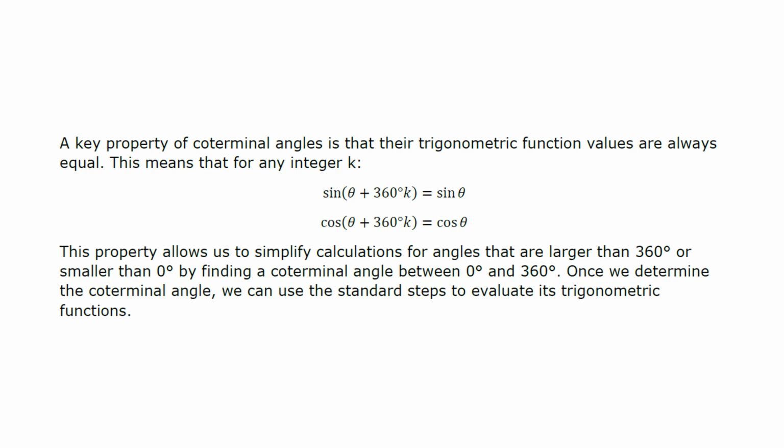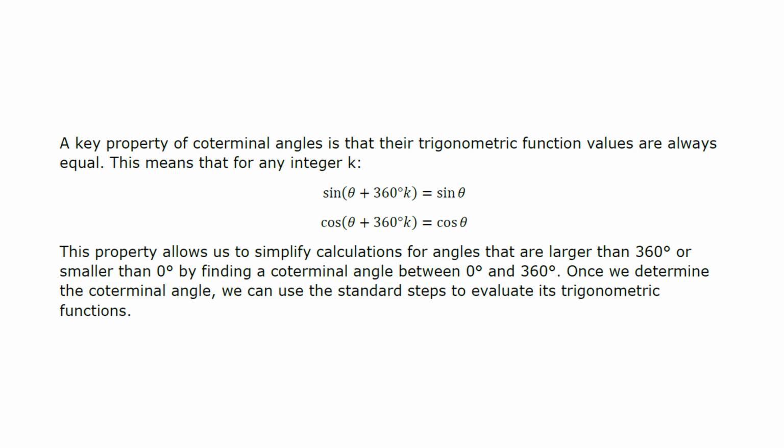A key property of coterminal angles is that their trigonometric function values are always equal. This means that for any integer k, sine of theta plus 360 degrees times k equals the sine of theta, and cosine of theta plus 360 degrees times k equals cosine theta.